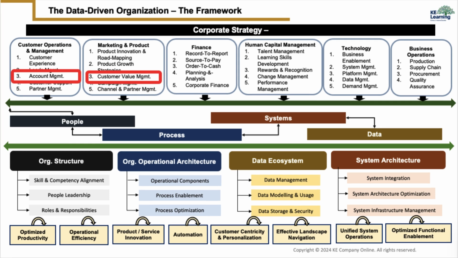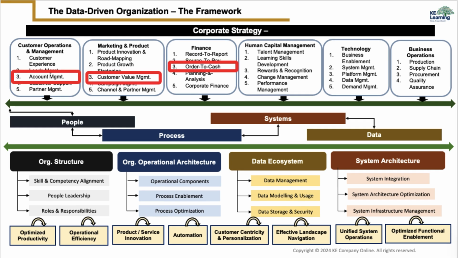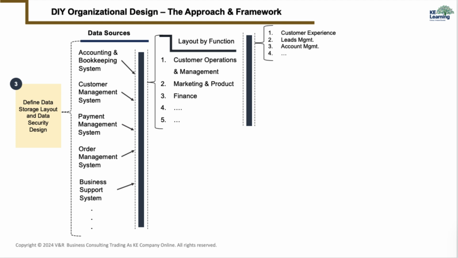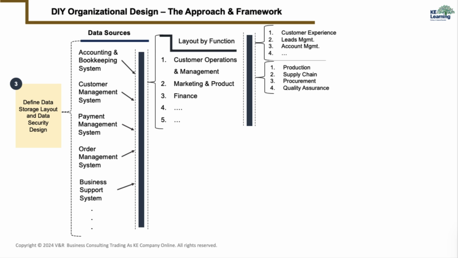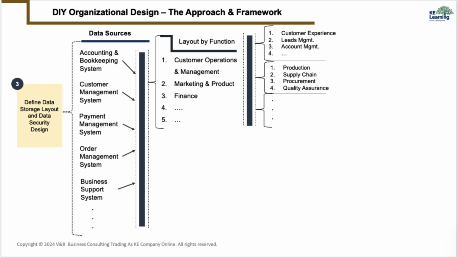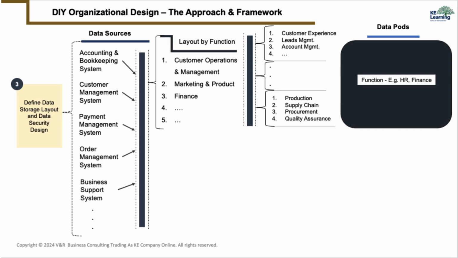So essentially, the data pod for the entire function will be built by collecting data needed to perform operations, decision-making, or reporting for each subfunction, stored within a subdata pod created specifically for each subfunction within the main function's data pod. The main function's pod will also have its own overall function-specific data storage location, especially for data related to the function's overall insights and reporting.